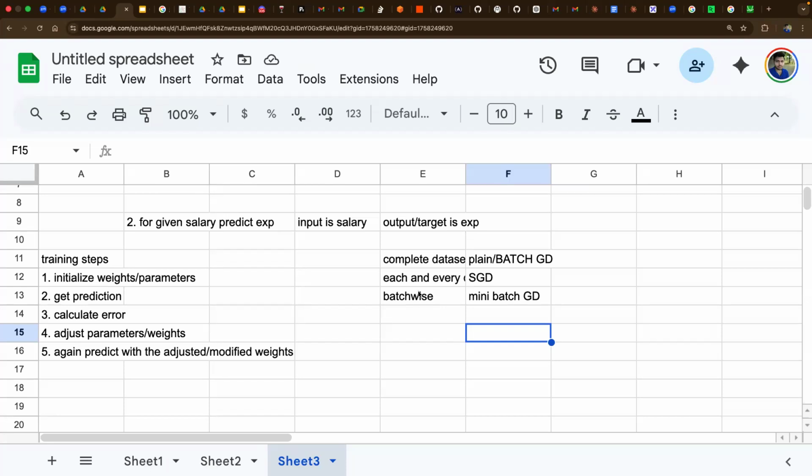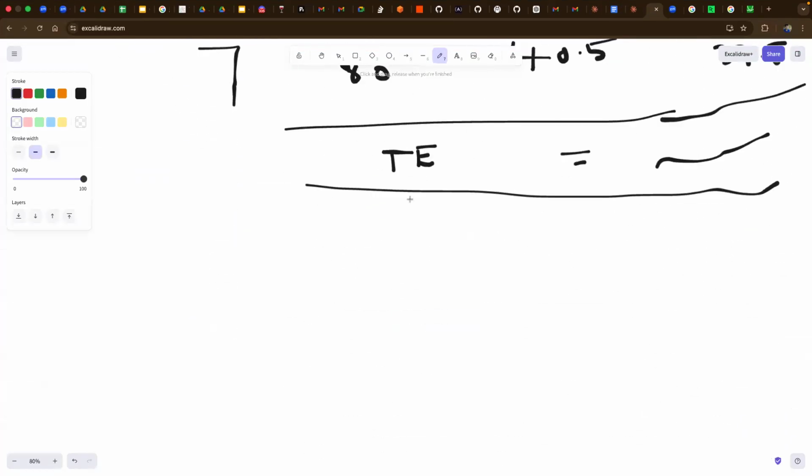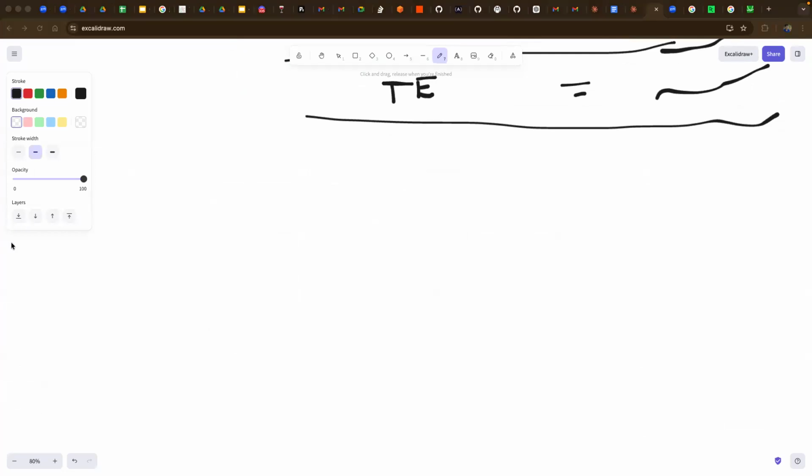Now comes the main part actually. What is gradient descent? How do we adjust the parameters? As we have discussed earlier, here is one situation, just to explain why we need different loss functions.